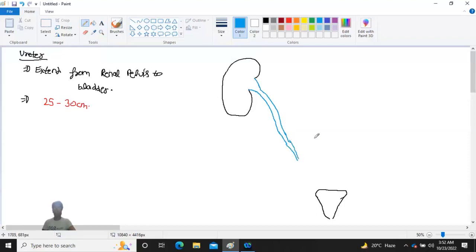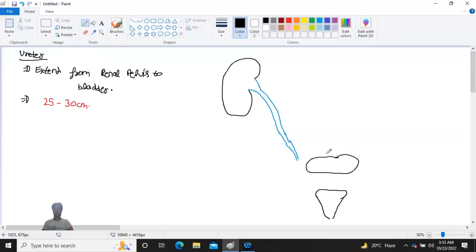One important thing is there is a brim called the pelvic brim, because the ureter extends into the pelvic region, where the bladder is present. The pelvic brim is the ring formed by all the pelvic bones: posteriorly the sacrum and the iliac bones form a complete ring.